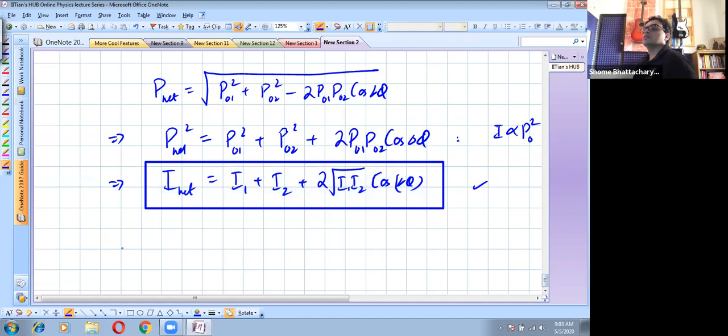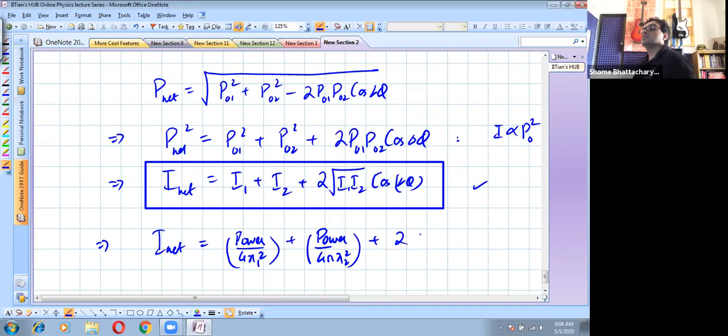So here, our net intensity will in fact become that common power divided by 4 pi x1 square plus 2 times that same power divided by 4 pi x1 x2.